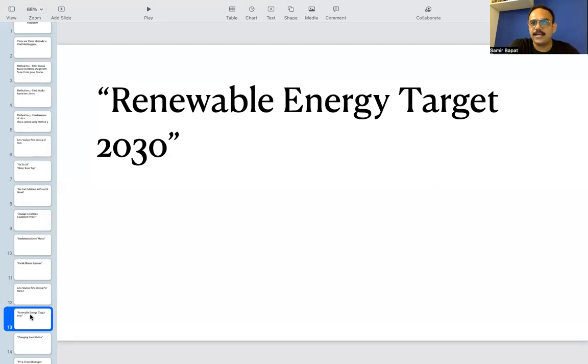IREDA is there, the companies which are manufacturing solar panels, many have gone multifolds already, but still because the requirement right now, we are at 170 gigawatt, we have to reach 500 gigawatt. There is a scope for 3 times growth in 6 years. If there is a scope for 3 times growth in 6 years, the stock price is also likely to go up by at least 2 to 3 times in coming years.